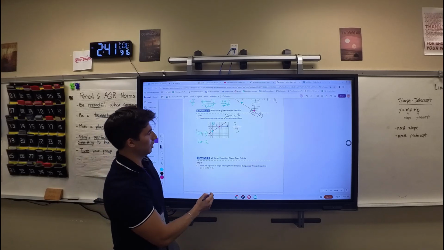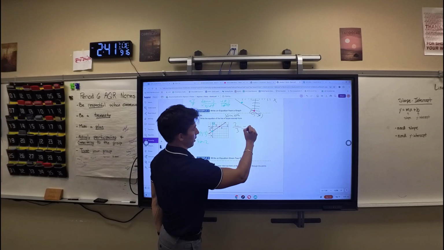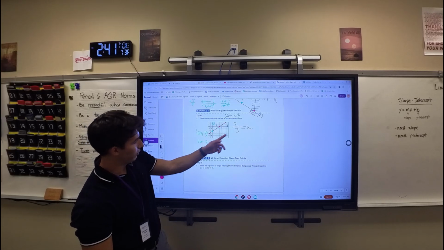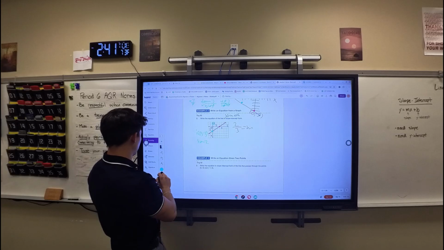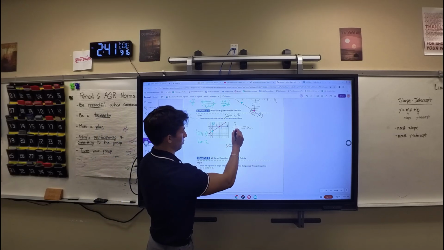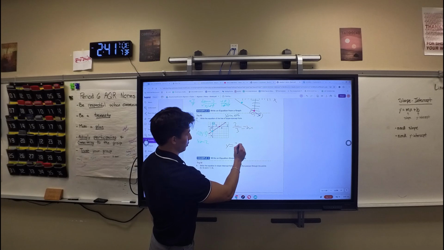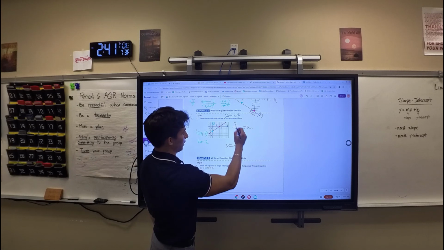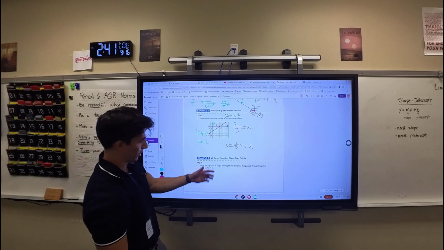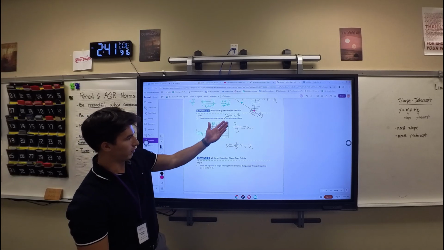Okay, and so that is our m value. And so now we have everything we need. We have b, we have m, and so y equals, sub in m, 2/3 x minus 2. And now we have our equation in slope-intercept form.